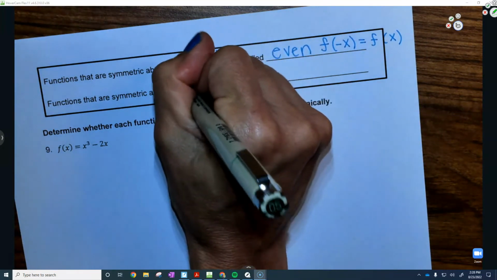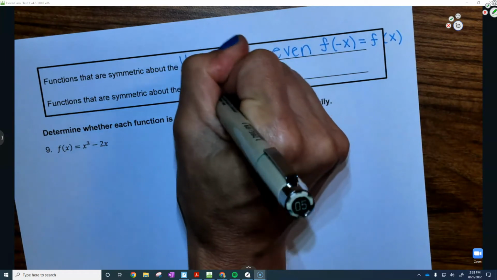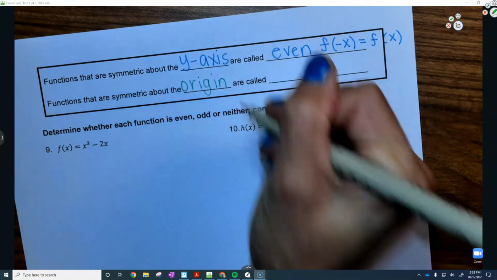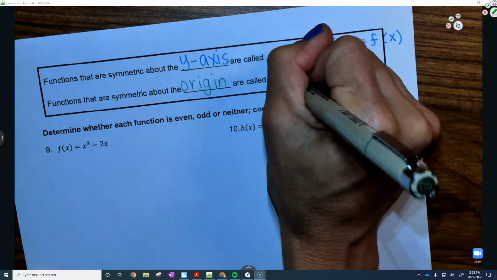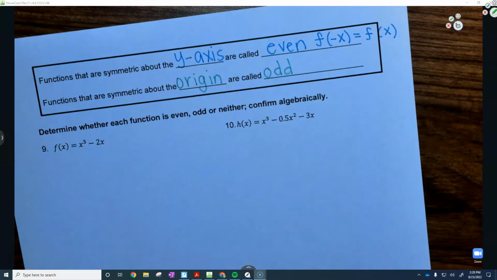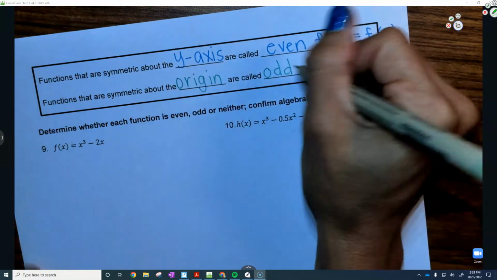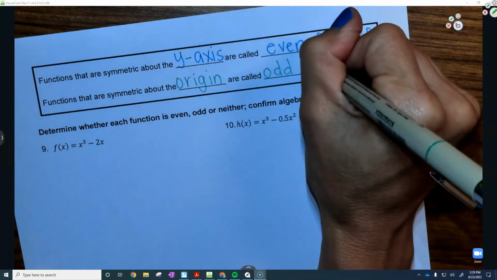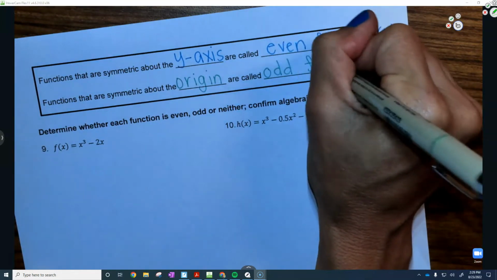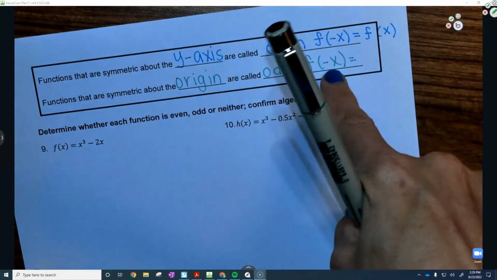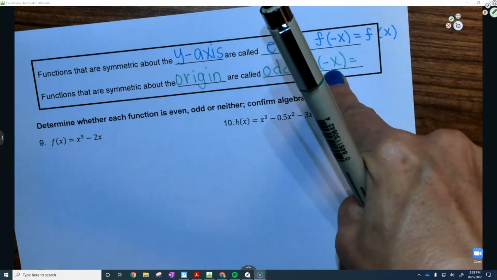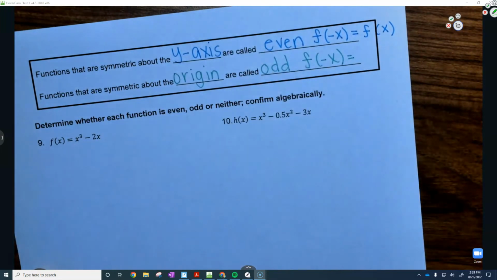If it is symmetric about the origin, we're going to say it's odd. And what did we change on the origin? Both of them, that's right. So I know that if I plug in an opposite x value, it's going to have the opposite signs.